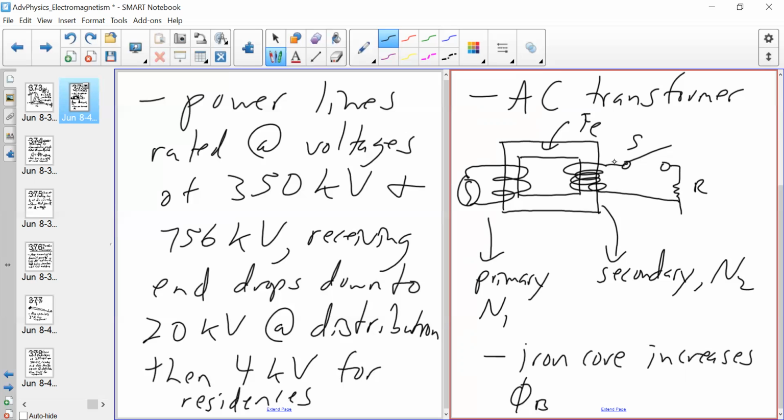So at your power station, you have hundreds of these transformers set up, maybe in series or however they have them, to produce voltage on the order of, say, 400,000, 700,000 volts to be pumped out to the cities.